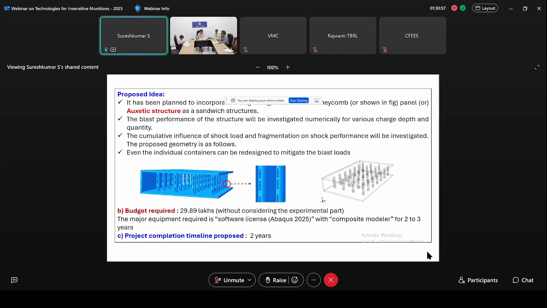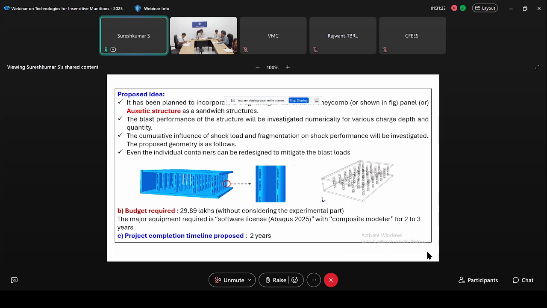Then for the shock to travel through the air, because the problem statement deals with air explosion only, the CONWEP model, that is explosion in the air category, can be considered to investigate the influence of the conjoint shock wave along with the fragmentation. The conjoint action of these two will be studied on the target.